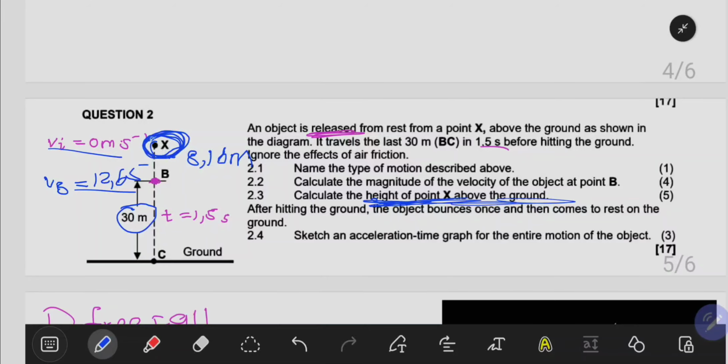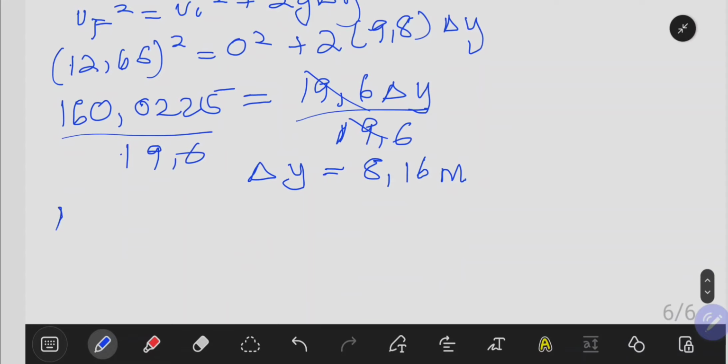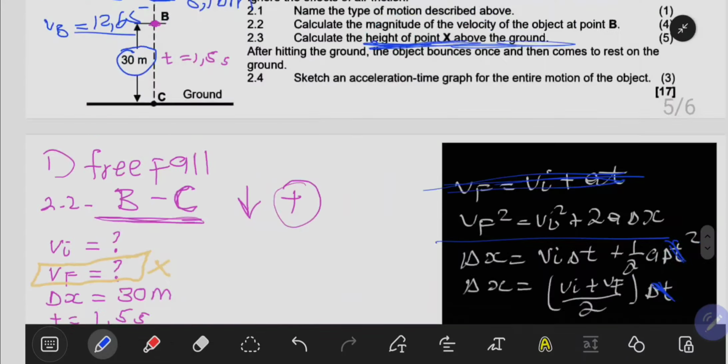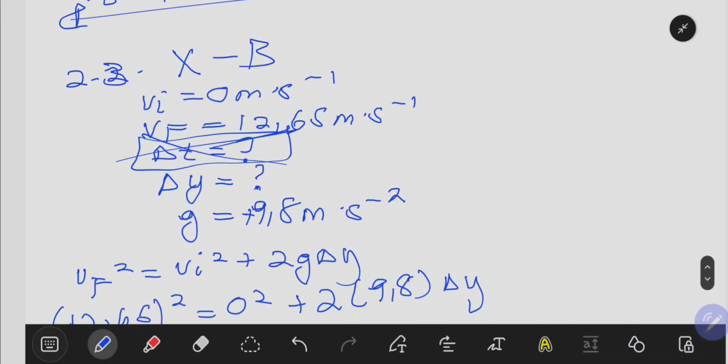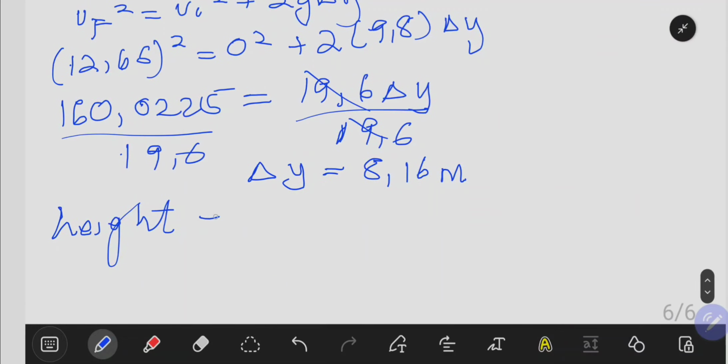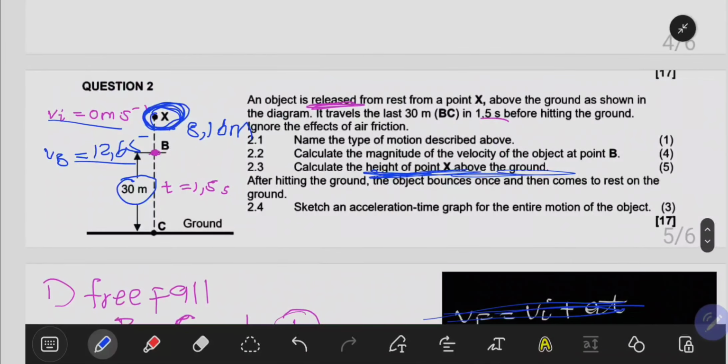So you can see that in order for us to calculate the height, we have to add the displacement of XB plus BC. It means our height for that point X there, we have to add the two displacements here.